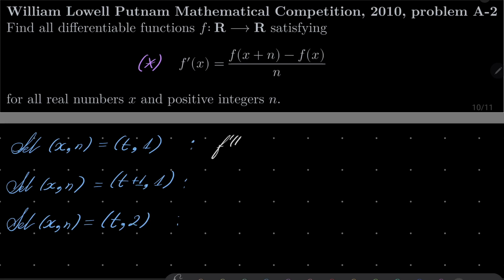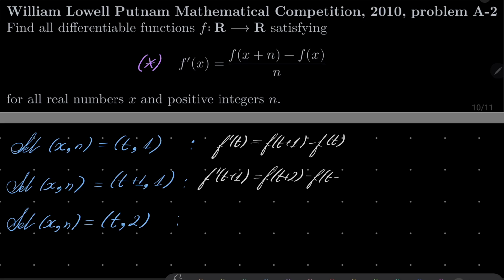F prime of t equals f of t plus 1 minus f of t. From the second setting, f prime of t plus 1 equals f of t plus 2 minus f of t plus 1. And from the last setting, after multiplication by 2, we can derive 2 times f prime of t equals f of t plus 2 minus f of t.